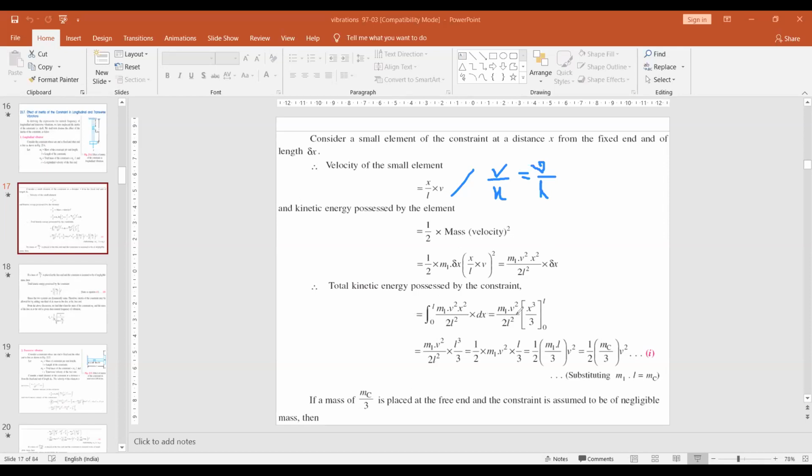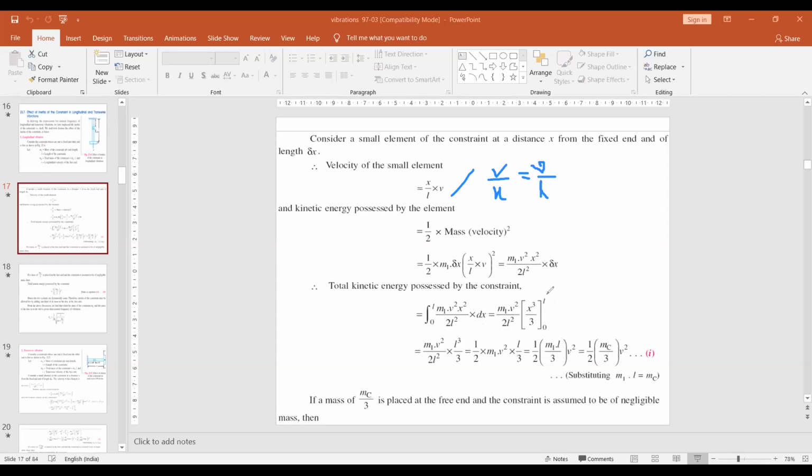The constant terms are taken out from the equation. So that is m1 into v square by 2 l square into the integral of x square dx. The integration of x square dx is x cube by 3, with limits of 0 to l.